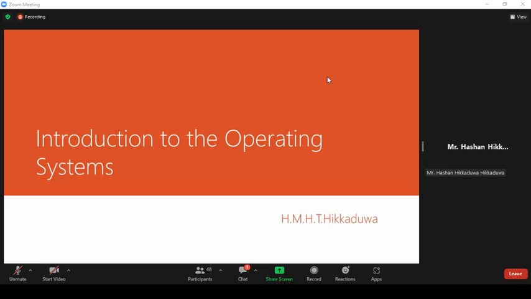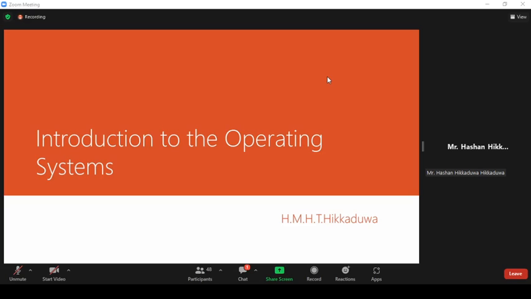Then operating system acts as an interface between the software and different parts of the computer or computer hardware. Okay, this is about the operating system.